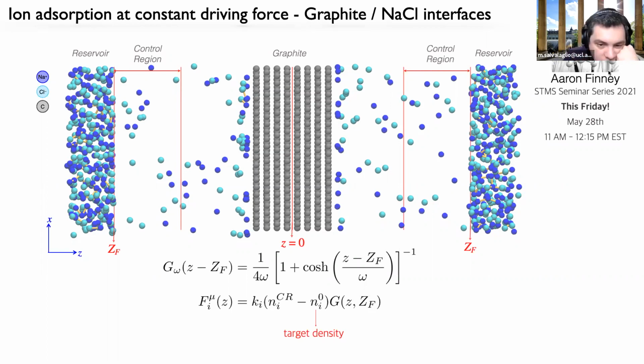So here, what I would like to focus on is the fact that by controlling the concentration in the control region using CUMD, we're able to sample a large range of concentrations and to investigate the structure of the double layer in those regions.